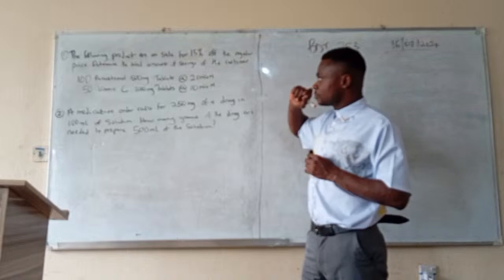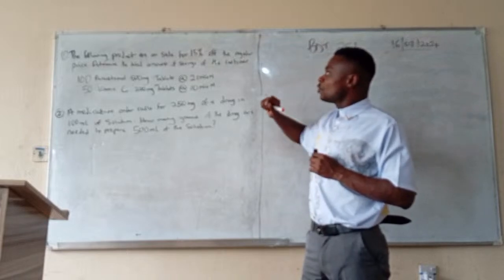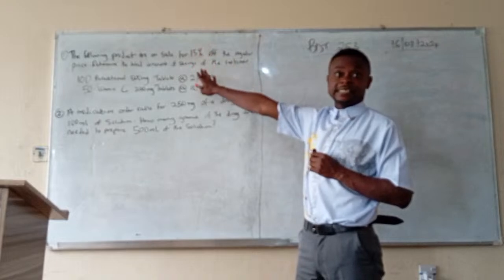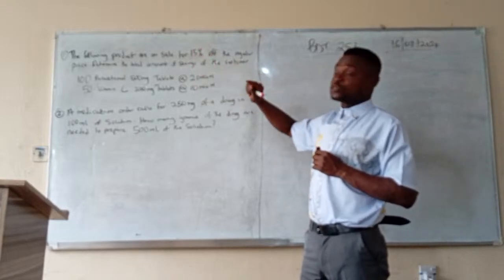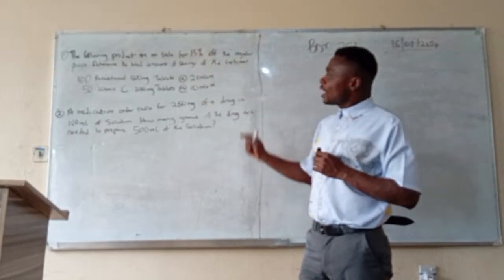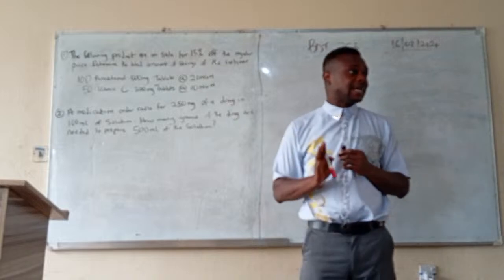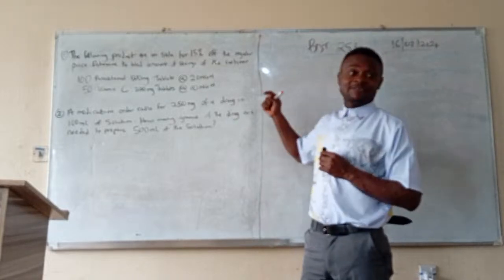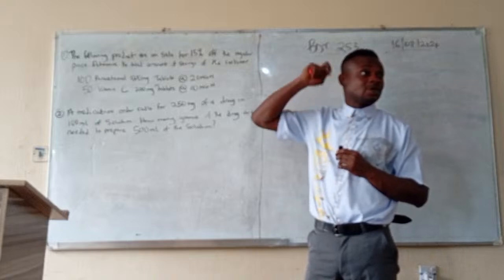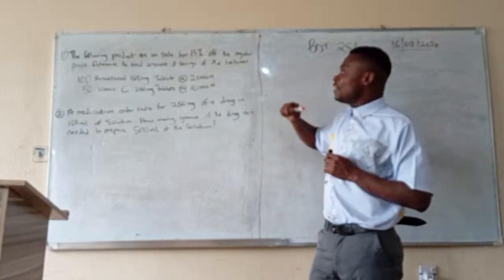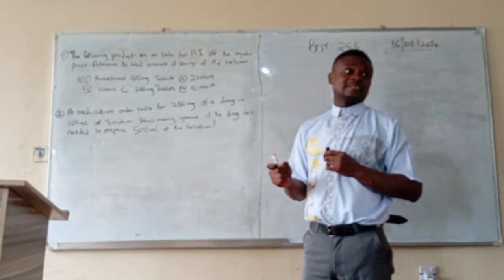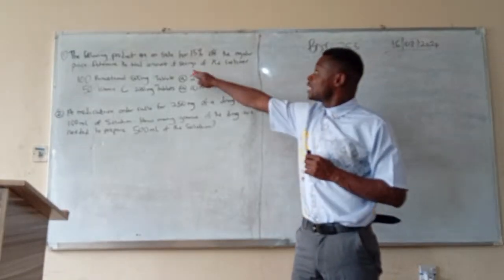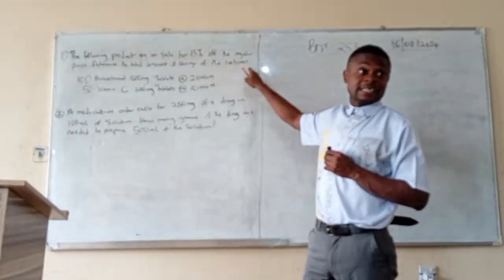of the customer. First of all, for us to solve this, this is under percentage, I hope you know. For us to solve this, we calculate the normal price, that is the regular price. Then we calculate 15% of that regular price. So that 15% discount is the savings of the customer.